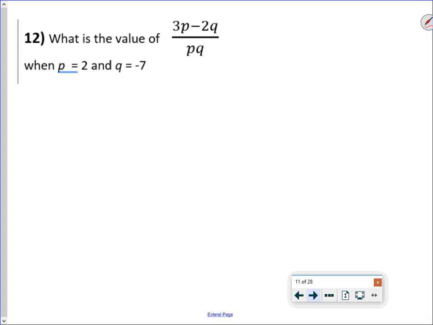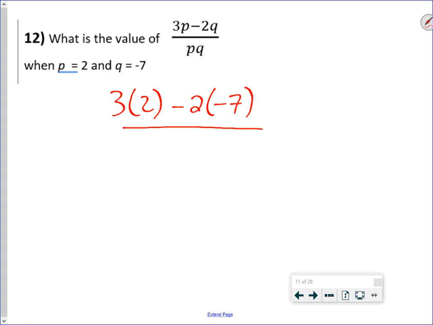Okay. What is the value of 3p minus 2q over p times q? So this is 3 times 2 minus 2 times negative 7, all over 2 times negative 7.